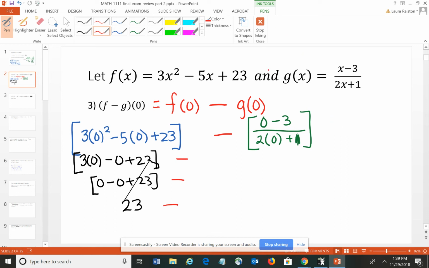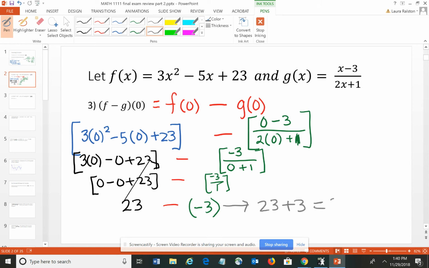And then I'm going to work the other piece. So I would have 0 minus 3 is negative 3. 2 times 0 is 0 plus 1. So I have negative 3 over positive 1, which gives me negative 3. So I have 23 minus negative 3, which can be rewritten as 23 plus 3, which gives us 26.